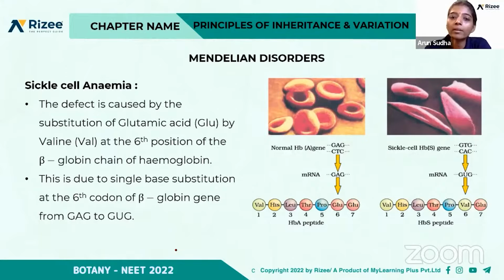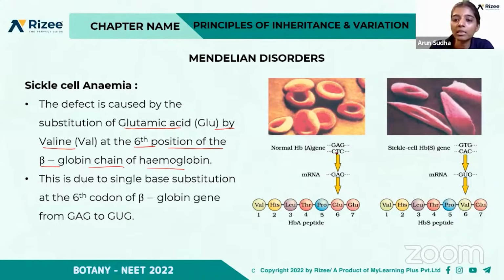So how is sickle cell anemia caused? It is caused by the substitution of glutamic acid by valine at the 6th position of the beta globin chain of hemoglobin. Hemoglobin has two chains, alpha and beta, that is 2 alpha and 2 beta chains. In the beta globin chain at the 6th position, this is the normal hemoglobin.